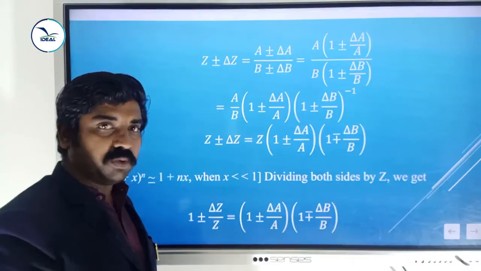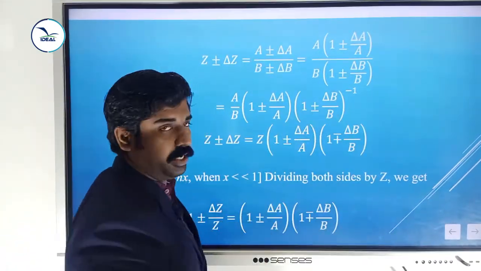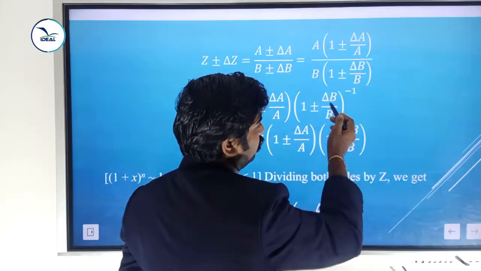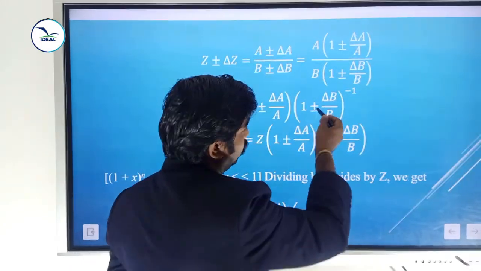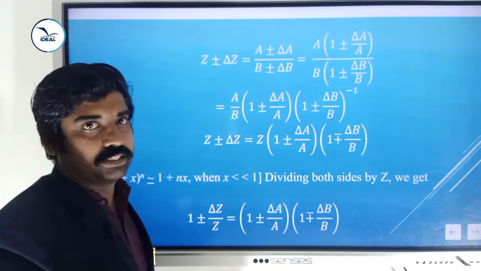Okay, x is a small quantity, so we can approximate. So here we are approximating. So that is equal to, actually it is minus 1 into delta B by B. So this plus or minus is changed into minus or plus.